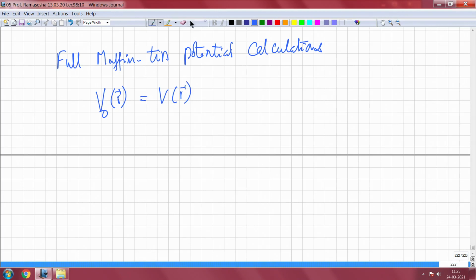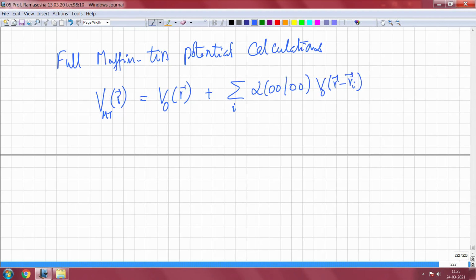So, let me call it by different names, V Muffin-Tin V0R plus over all the neighbors I alpha 0 0 V at R minus Ri, the potentials at the positions which are R minus Ri.